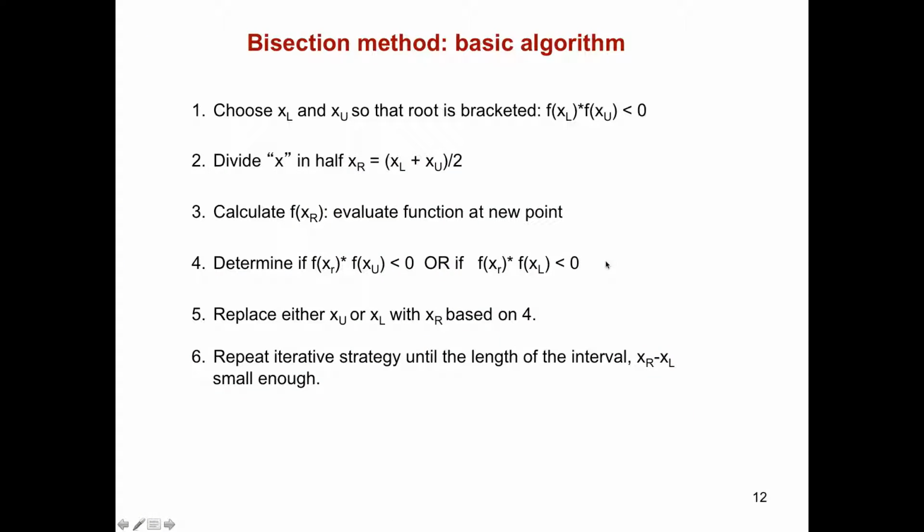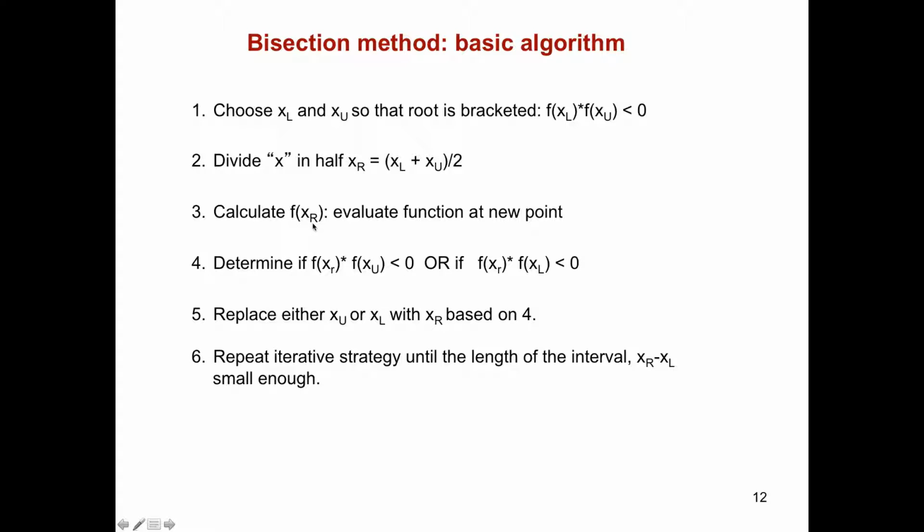This is the formalized algorithm now. Choose the lower and upper end of the interval so that f of xl times f of xu is less than 0. Divide this interval in half. This is my midpoint. This method is called bisection.